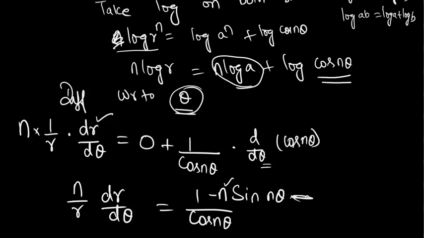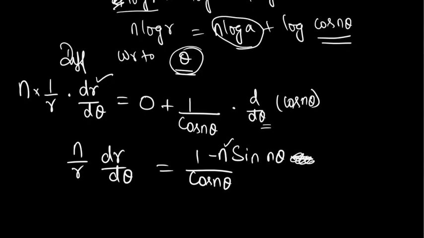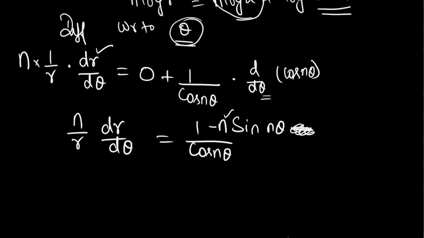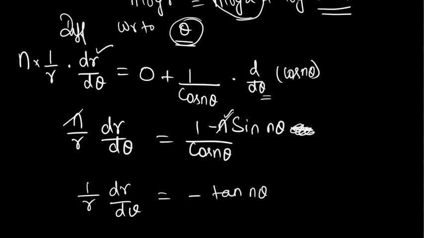Always write the constant in the beginning. Now if we simplify, sin by cos is tan, 1/r dr/dθ, because this n, if it goes to the denominator, this n and this n will get cancelled, and we get minus tan nθ.